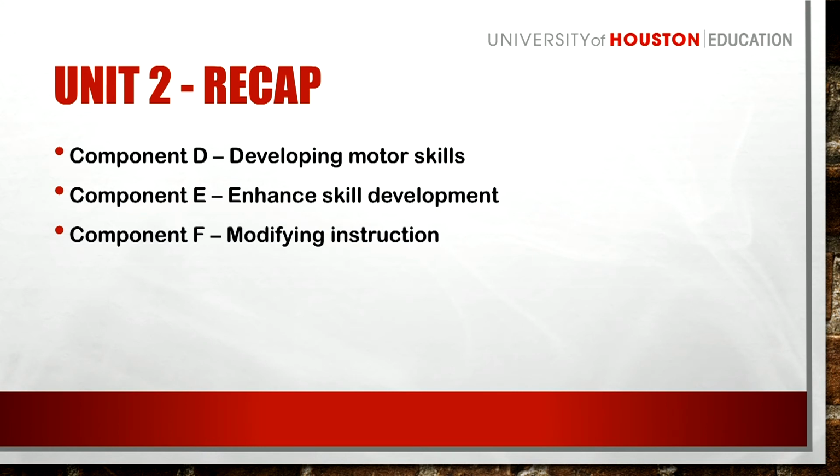Component E, Enhanced Skill Development, states that the beginning teacher will select and use developmentally appropriate learning experiences that enhance a student's locomotor, non-locomotor, body control, manipulative, and rhythmic skills. And finally, Component F, Modifying Instruction, is modifying instruction based on students' individual differences in growth and development.